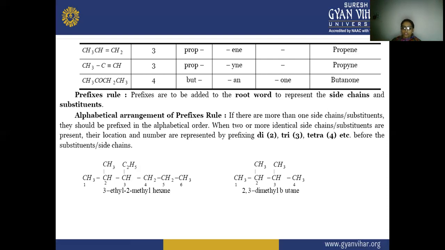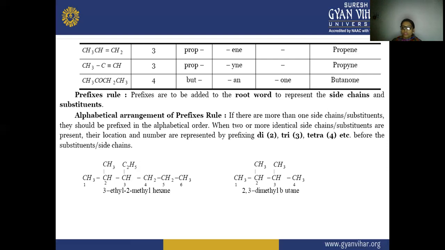Here you can see two identical side chains, the CH3 and the CH3, both the same alkyl group, so we are prefixing with di. So on the second and the third, dimethylbutane.